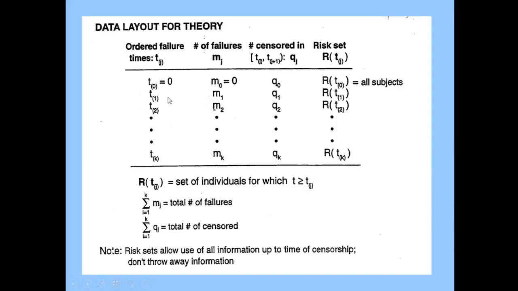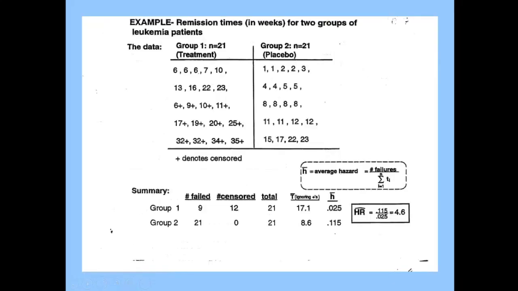Now what's this? The number censored in this same time interval. Can you figure that out for group 1? The number censored between the first time that somebody failed and the second ordered failure time that somebody failed. What's the second ordered failure time? 7.